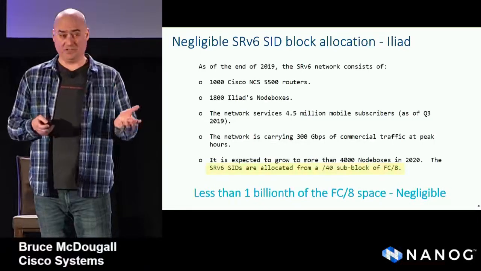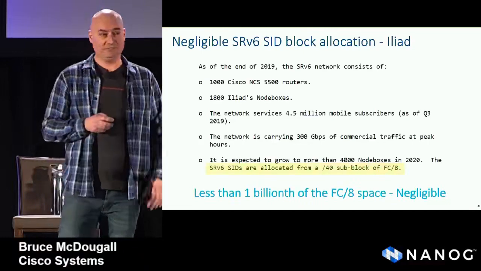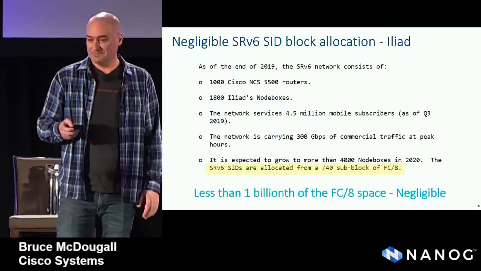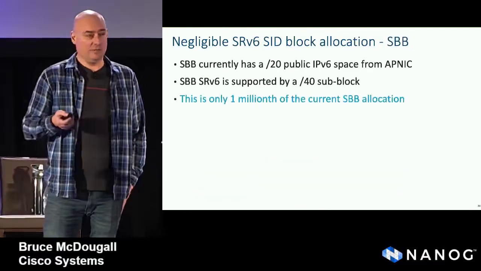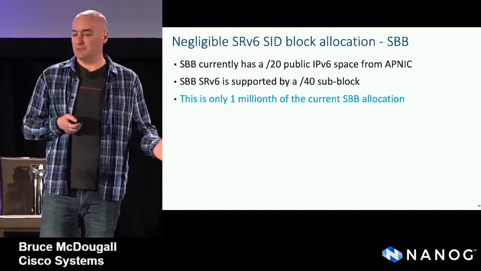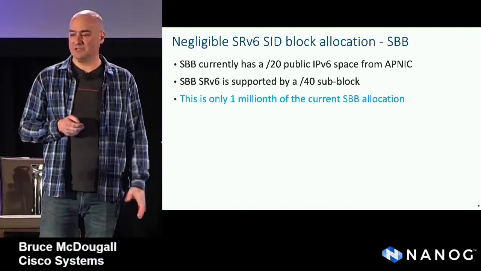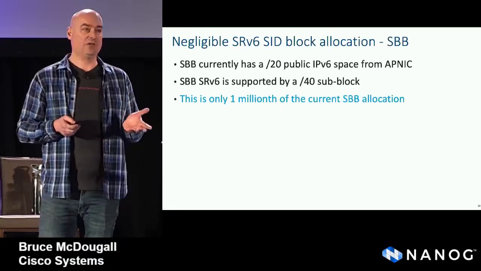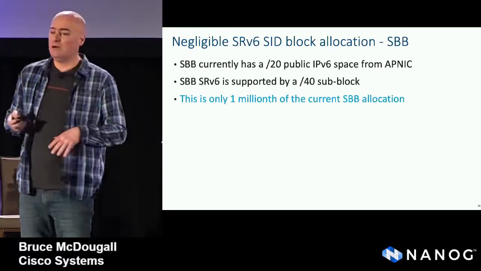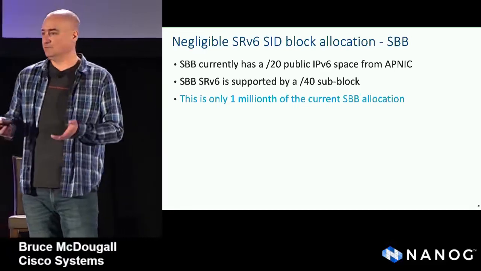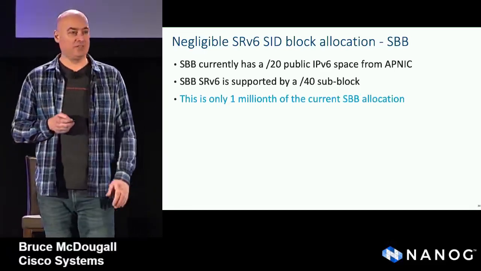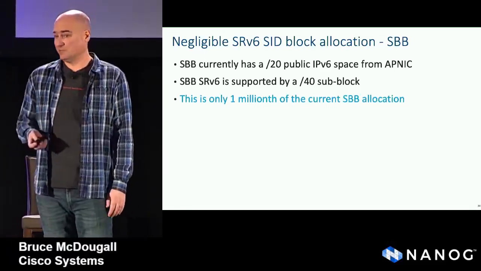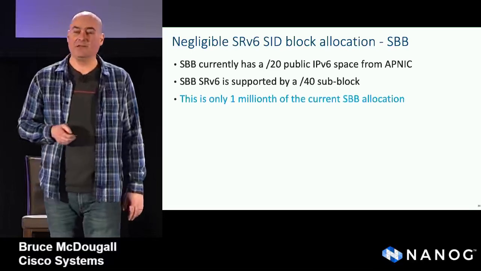That's great because they've got room to grow. SoftBank opted to use their own public v6 space, and they allocated a /40 from the /20 that they have from APNIC to designate for their SRv6 SID block. That /40 itself represents just one millionth of their address space.